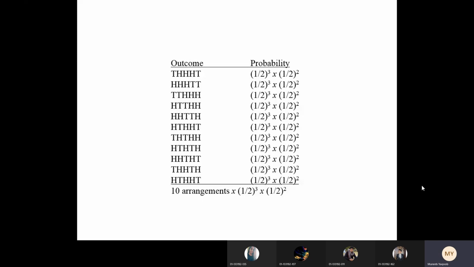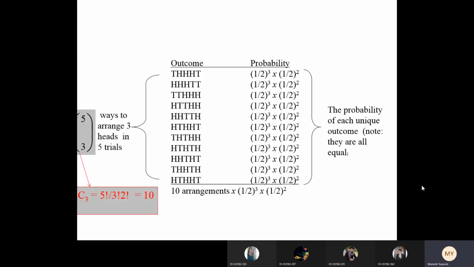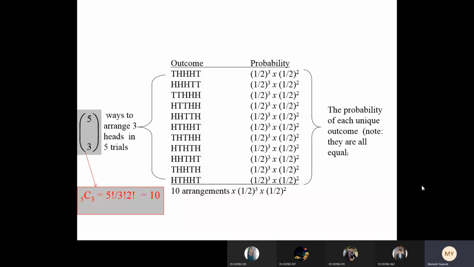So we can say nCx, that is 5C3, times p power x, that is 1 by 2 power 3, into q power n minus x, that is 1 by 2 power 5 minus 3, that is 2. Hence we can calculate the total probability of all these 10 different situations.